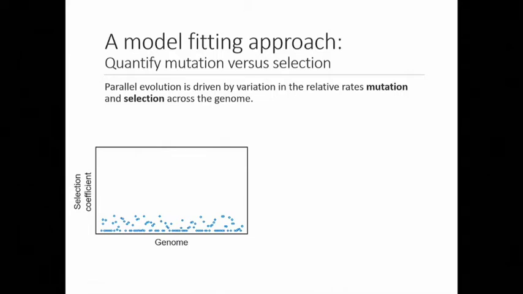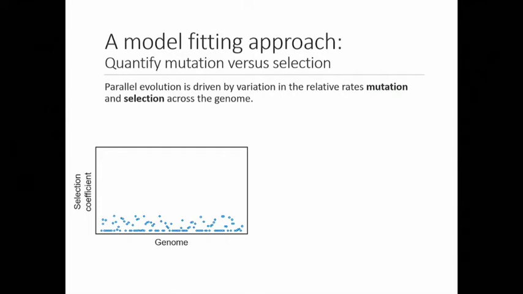To explain this, I have a couple of toy plots here, showing location across the genome on the x-axis, and some measure of selective advantage on the y-axis. You can imagine that as you move across the genome, depending on what gene or even what particular nucleotide you're looking at, there are going to be different selective advantages for mutations arising at those different locations.